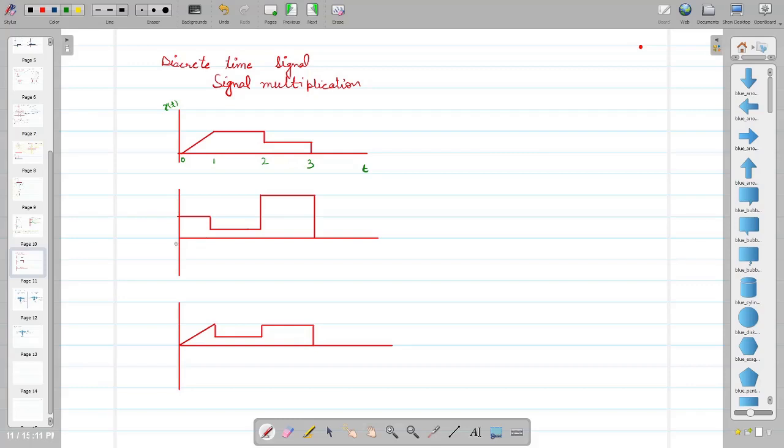In the same way, it is x1, then it is x2, this is 0, this is 1, this is 2, this is 3, and this is time axis. And for multiplication, we are having output sequence y(t), which is the multiplication of x1(t) and x2(t).